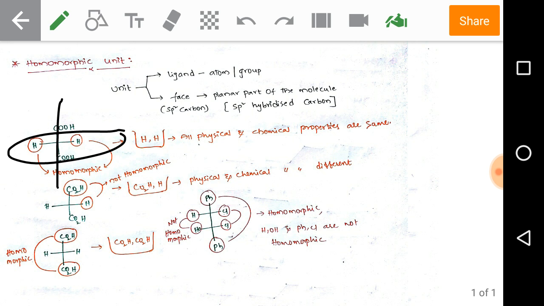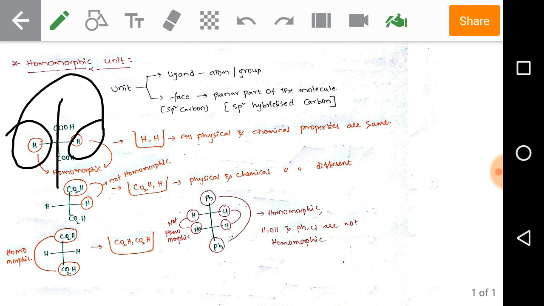Here we are considering the units, the hydrogens. By the symmetry operations or by substitution, that means if we substitute in the place of the hydrogens another different group or atom, and by doing these operations they produce stereoisomers with a homo, enantio or diastereo relationship, then these two hydrogens are considered homomorphic units.